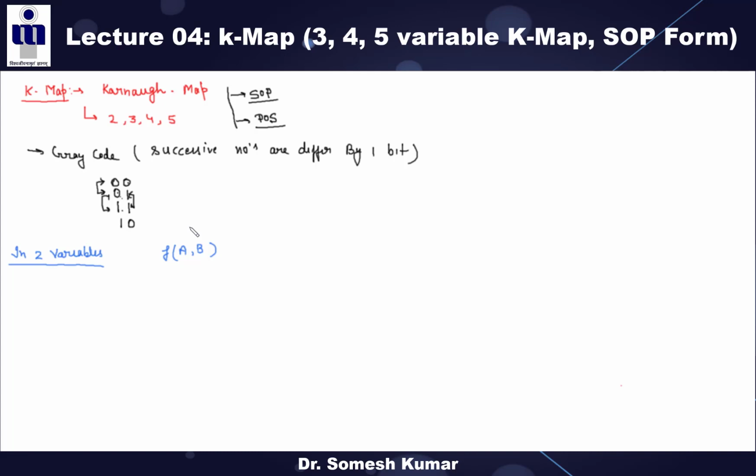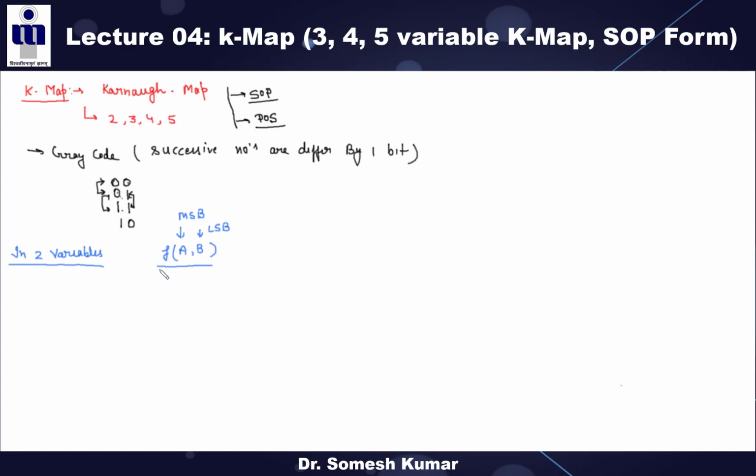Here is one function which has two variables, A and B. Here B is your LSB and A is your MSB. So how do we represent a K-map of two variables? I am not assigning any values to this function yet.